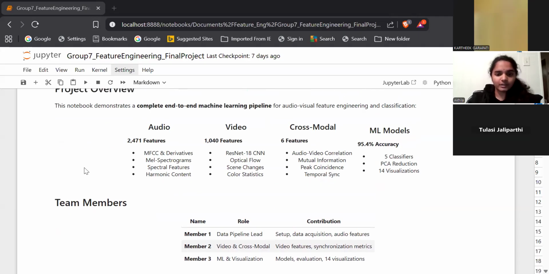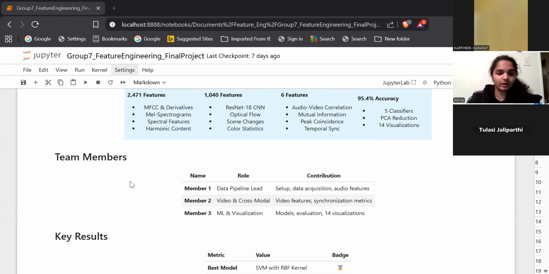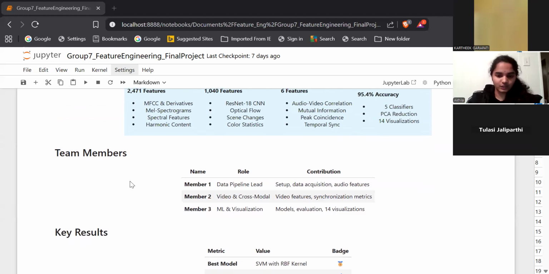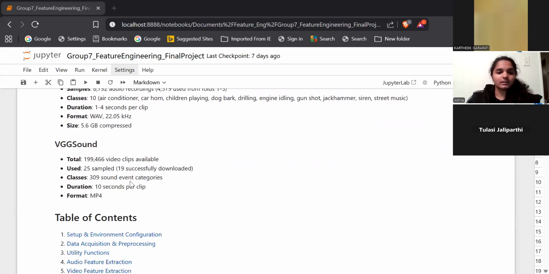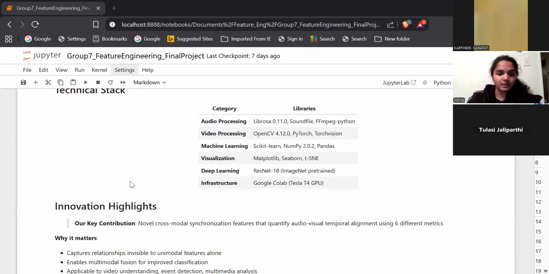They are Pearson and Spearman correlation between audio energy and video motion, maximum cross correlation allowing for time lags, mutual information for nonlinear dependencies, synchronization mean square error, and peak coincidence ratios. All these three engines include robust validation to handle corrupted files.